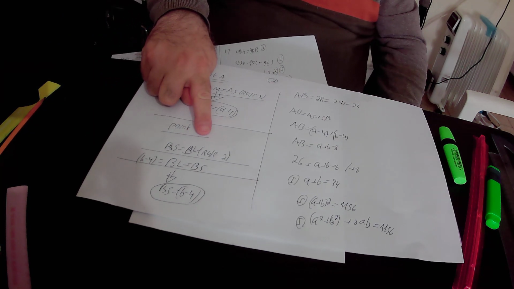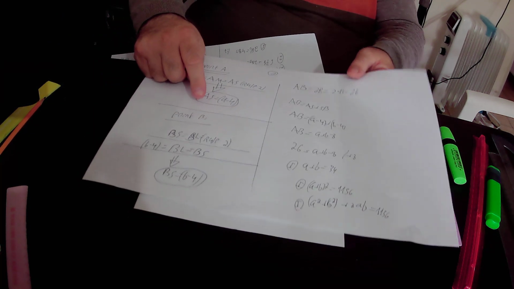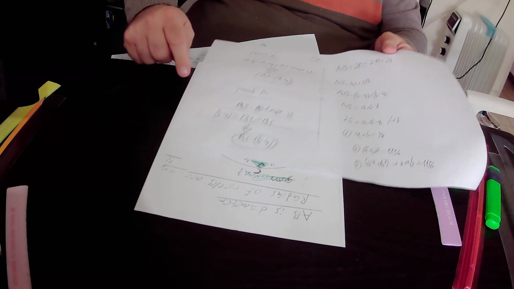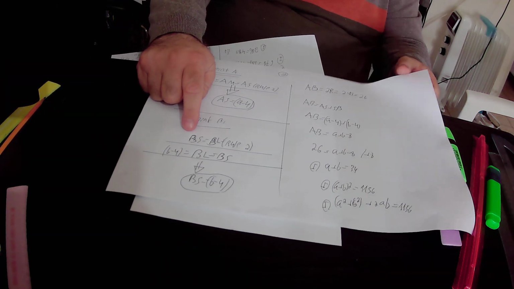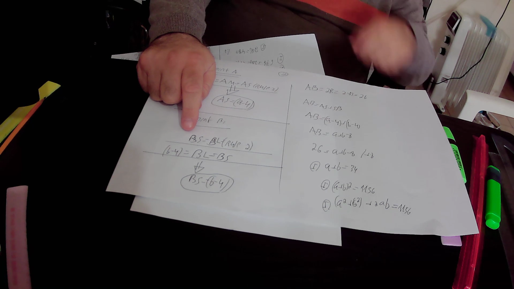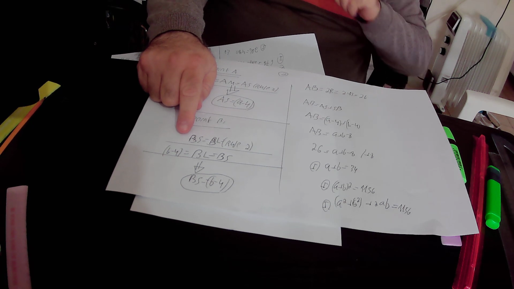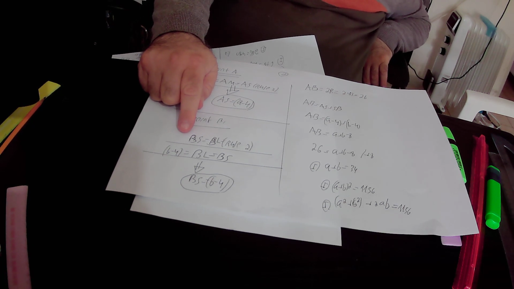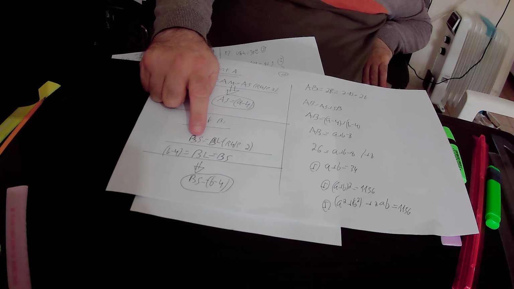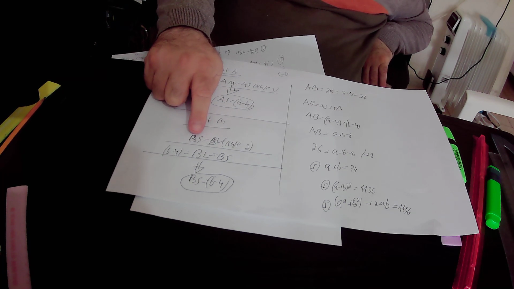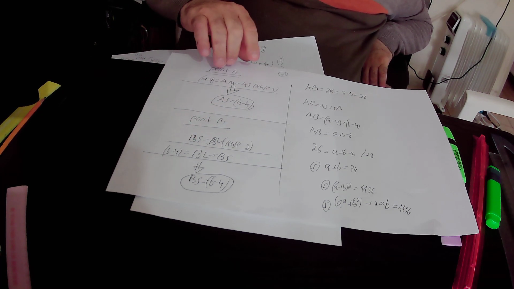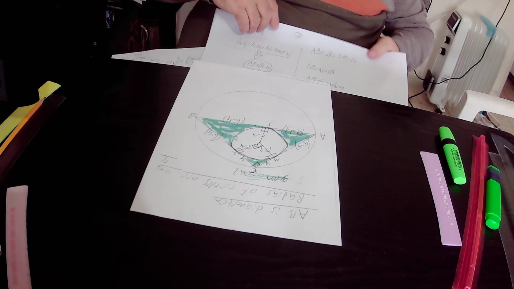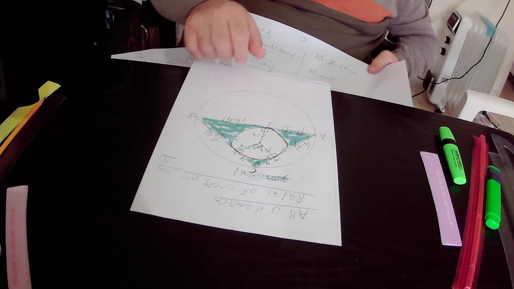But BL equals b minus 4, so from this equation, b minus 4 equals BL equals BS, we derive that BS is also equal to b minus 4.